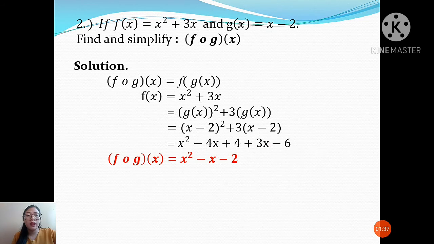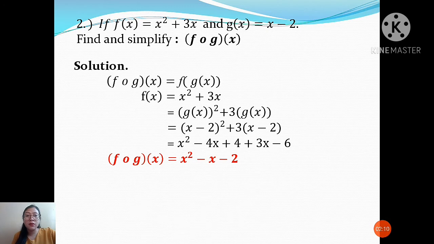Then combining like terms, it will become x squared, then negative 4x plus positive 3x is negative x. Then positive 4 plus negative 6 is negative 2. So the final answer for f composed with g of x is equal to x squared minus x minus 2. If you got the right answer, that's great.